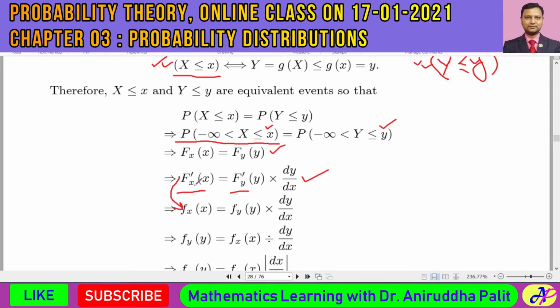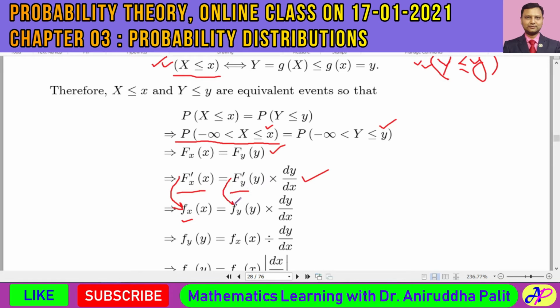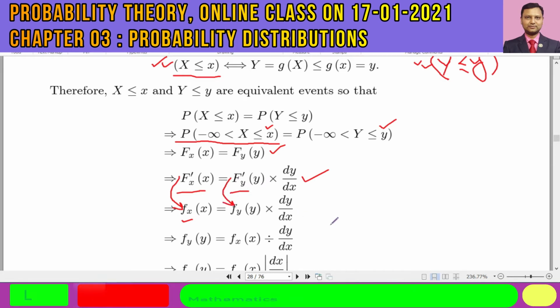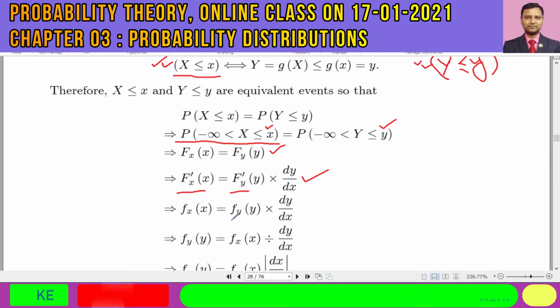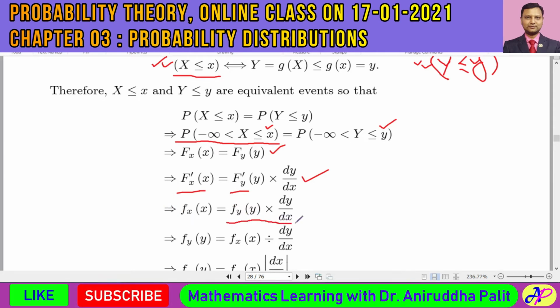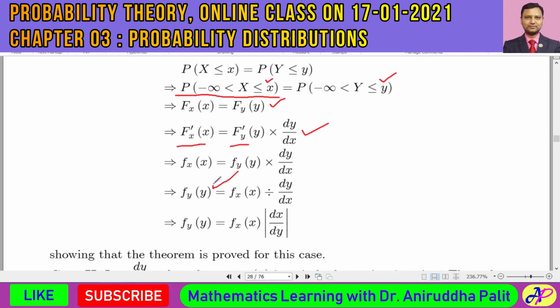So this gives us the density function of X, and similarly the derivative of the distribution function of Y gives us the density function of Y. So we will have this relation: f_X(x) is equal to f_Y(y) times dy/dx, and therefore this density function f_Y(y) can be written as f_X(x) divided by dy/dx, or this 1 by dy/dx can be written as dx/dy.